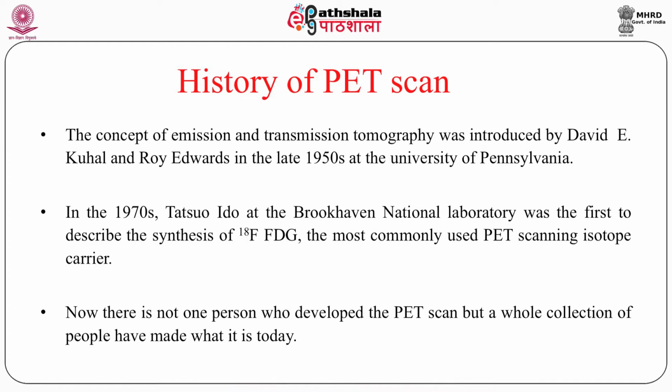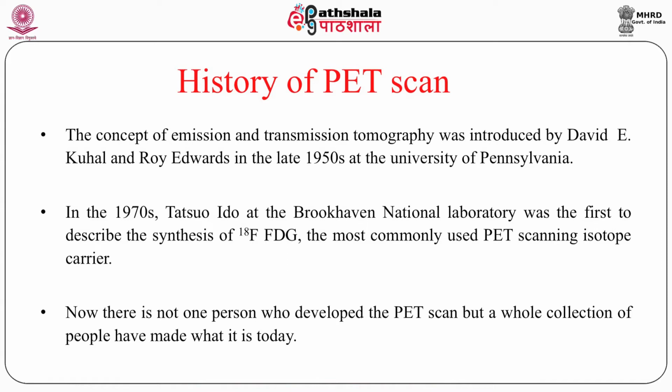The other important reason for choosing fluorine-18 FDG is that it is labeled with fluorodeoxyglucose. For logistic reasons, it has a 110 minute half life. It means you can send this isotope from a cyclotron which is away from the city to your place and carry out the scan.